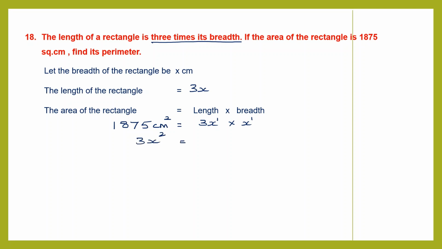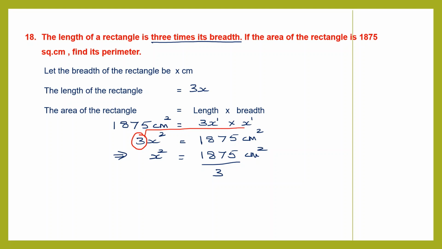So this is equal to the area, which is 1875 centimeters square. That means x square will be 1875 centimeters square divided by 3. How did it become division? Now this 3 is multiplication, so when we transpose it to the other side, it becomes division.